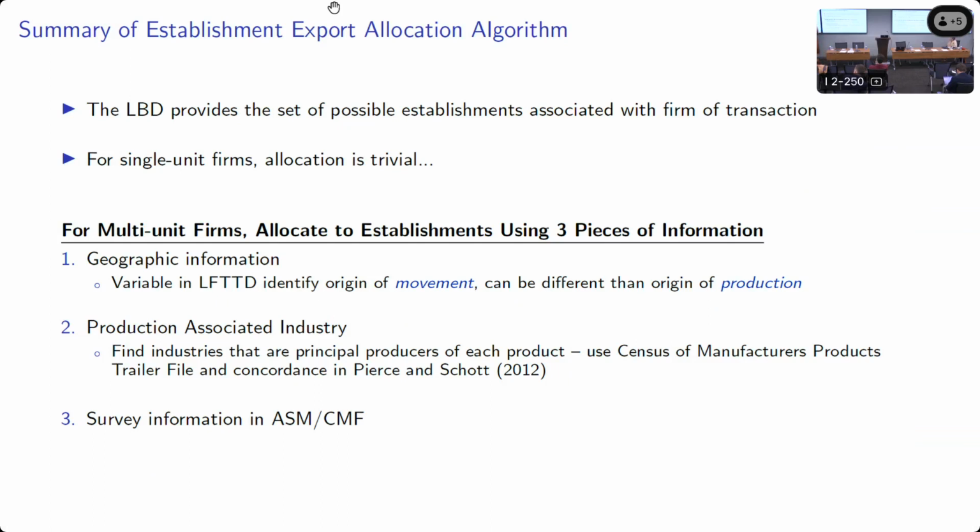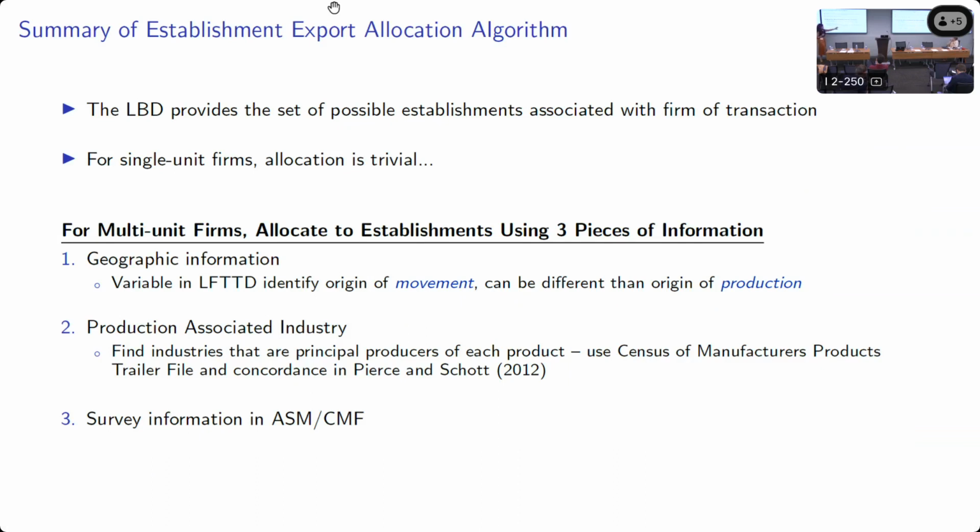The second thing we're going to use is what we call production associated industries, or PAIs. For this we're going to use a separate associated Census file, the Census of Manufactures products trailer file, which basically lists for every establishment in the census year what products it reports producing in that year.